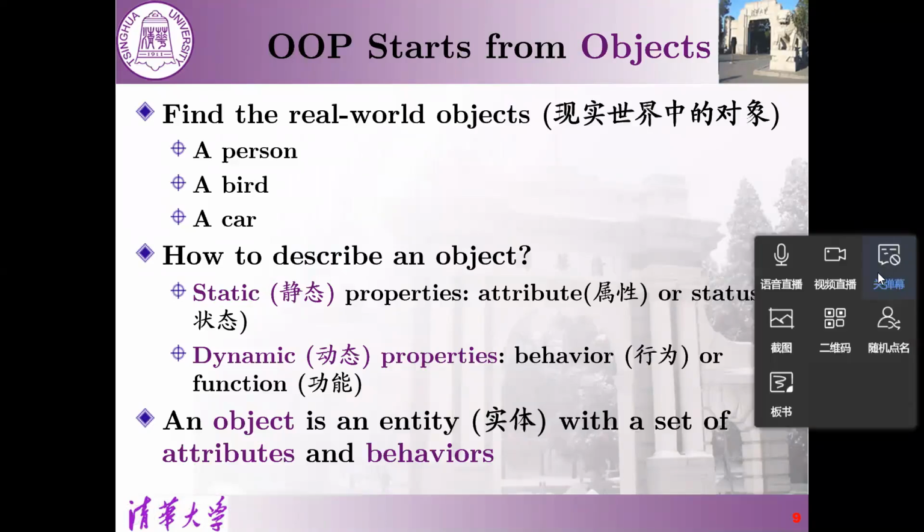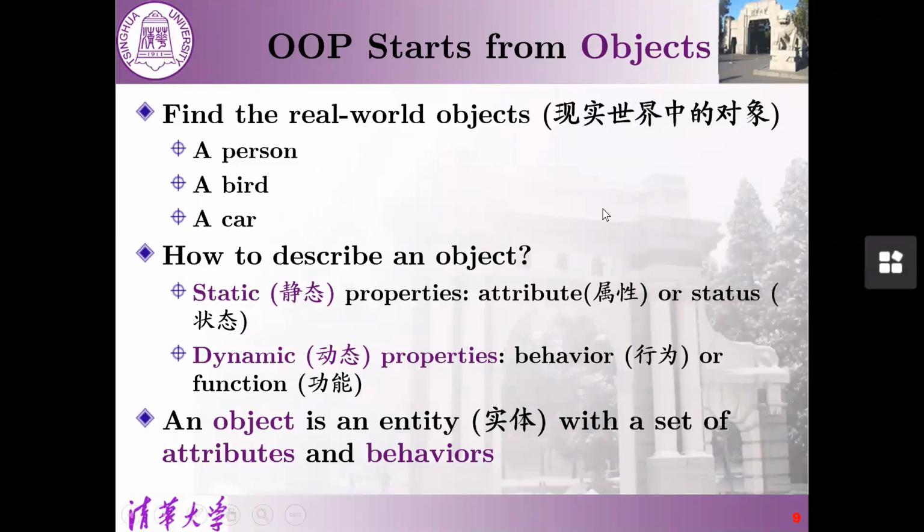Okay. Now I want to close the split screen message. So now we will learn objects and classes. Actually, we can find real-world objects everywhere: a person, a bird, a car. How to describe such an object?